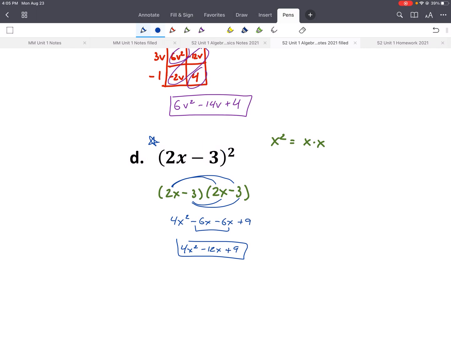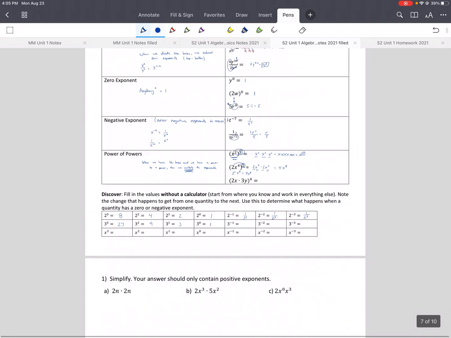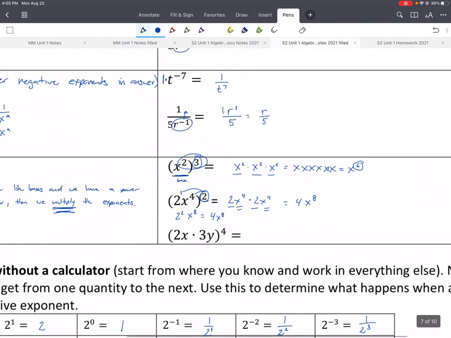So here we can't just write it as 2 squared x squared minus 3 squared. Okay, that will not work for you. So make sure you notice that difference. If you're worried about that, then maybe just expand this every time. Rewrite these twice and multiply them when needed.